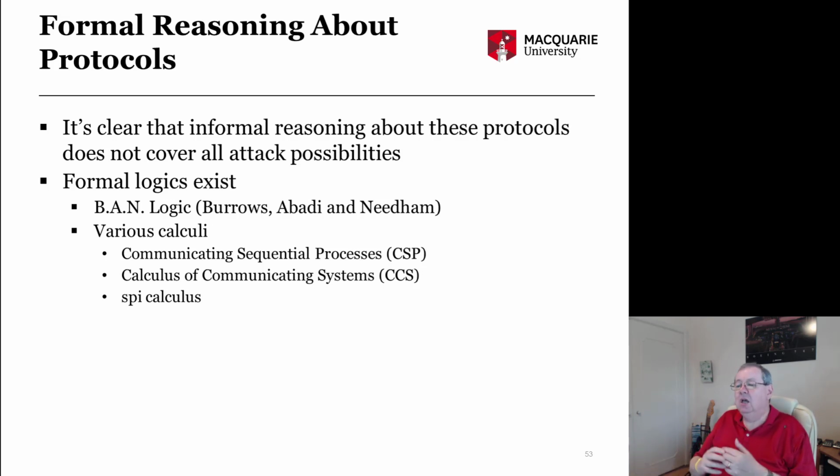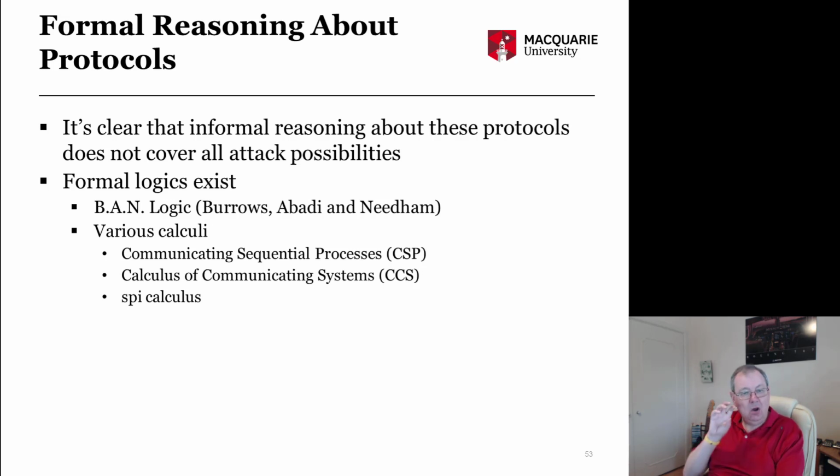So there actually are what are called formal logics or calculi. The oldest one is called BAN logic, which gets its name from the authors, Burrows, Abadi, and Needham. And there also are later calculi, like the theory of communicating sequential processes, the calculus of communicating systems, which is used to analyze protocols in various ways, and a thing called SPI calculus. And there are even more sophisticated ones these days.